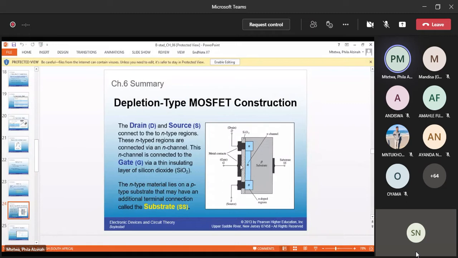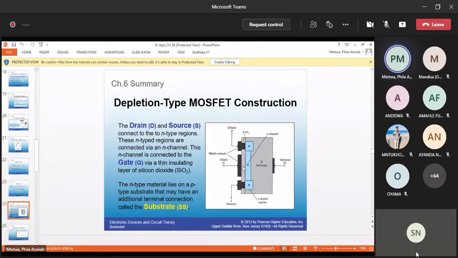The drain and source connect to the N-type regions. These N-type regions are connected via an N channel. This is the channel where you get your electrons to flow from the source to the drain. That's your channel there.